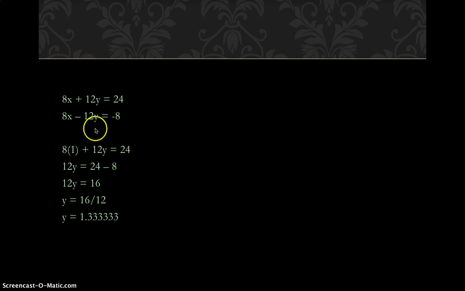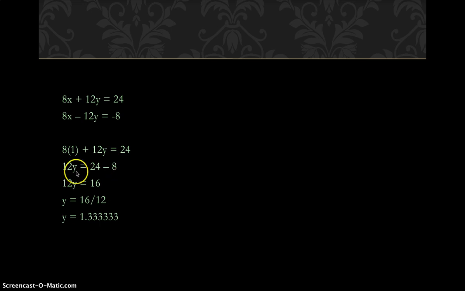We get our equation again, and since we already know x is equal to 1, y is found from 8 times 1 plus 12y equals 24. So 12y then equals 24 minus 8, which is 16.